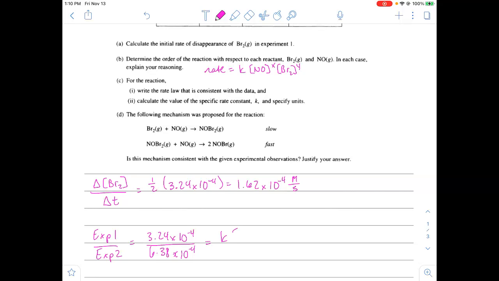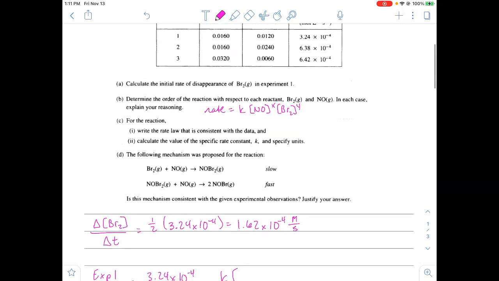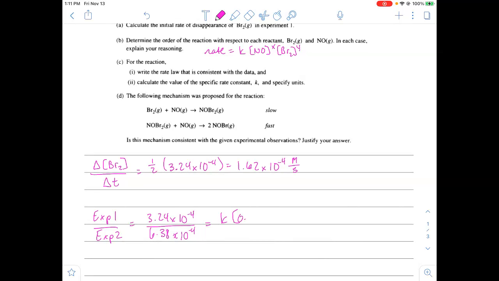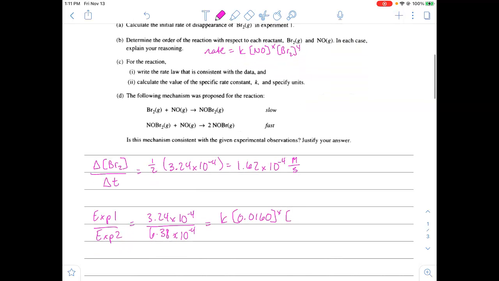That will equal K times, in experiment 1, my initial concentration of NO is 0.0160. My initial concentration of Br2 is 0.0120.